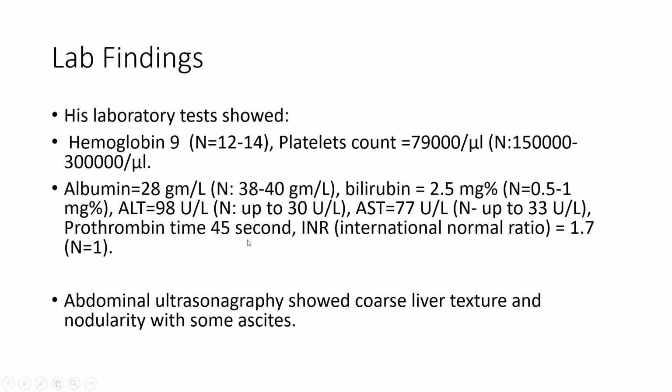Prothrombin time of 45 seconds and an INR, international normalized ratio, of 1.7 means he has a bleeding tendency. What does INR mean? It is a comparison between the prothrombin time of the individual and the normal.